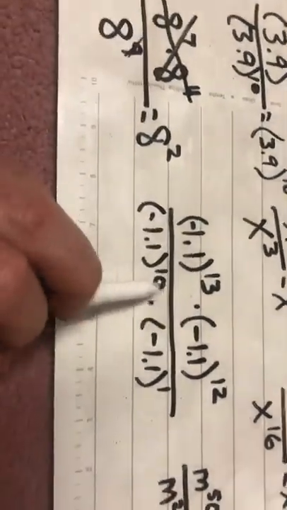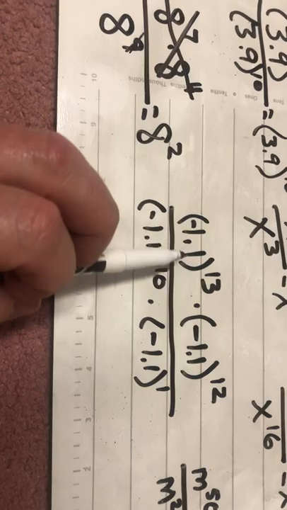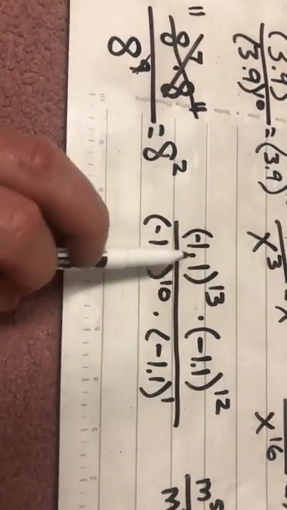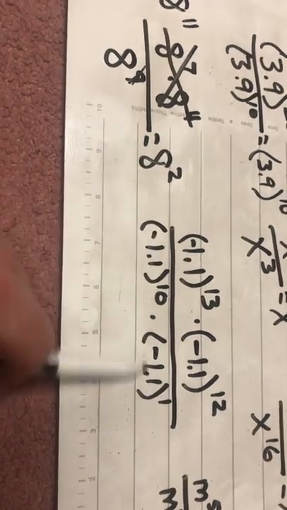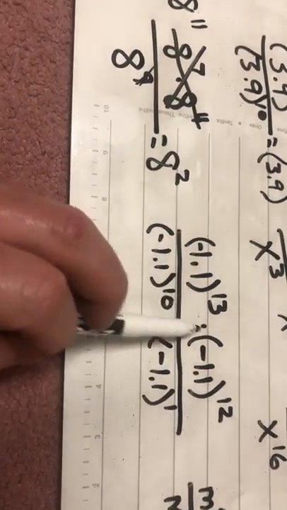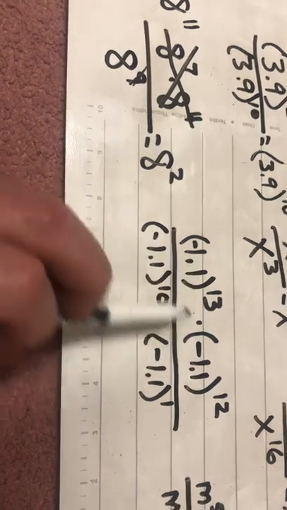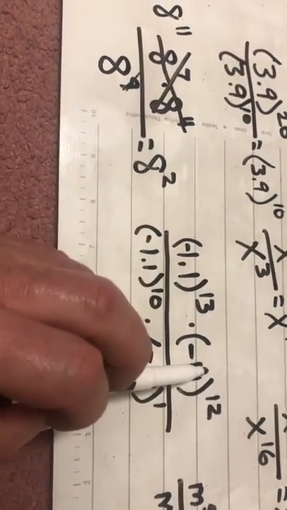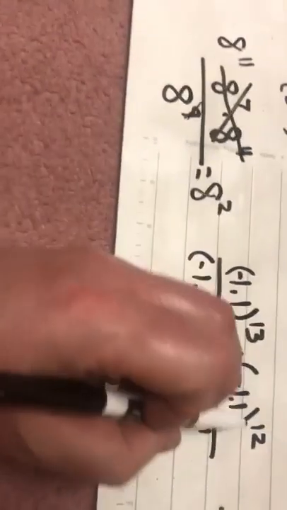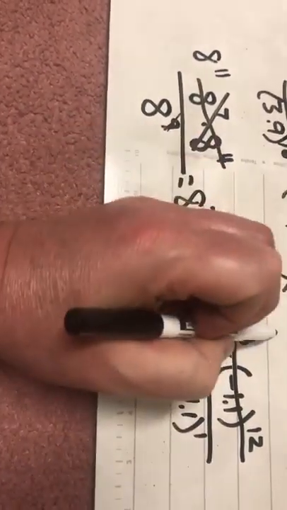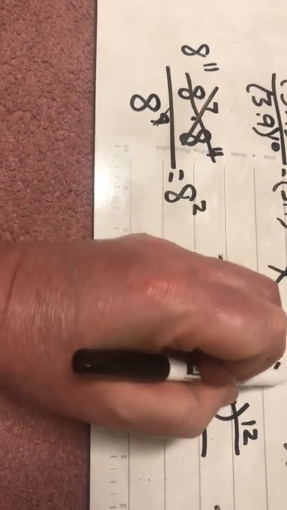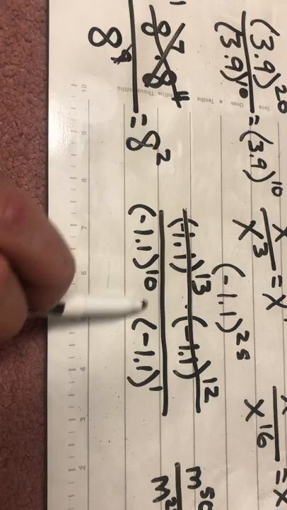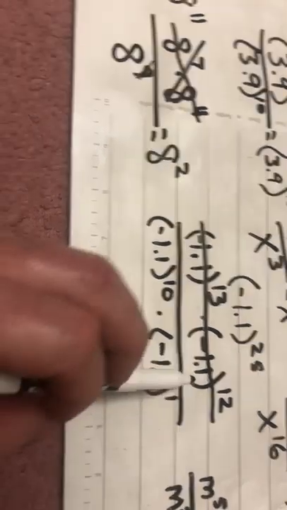That's what's expected. All right, so here is negative 1.1 in parentheses all the way around. Here, negative 1.1, same there, same there, same there. Multiplication for both the numerator and the denominator. So up here, it's going to be 13 plus 12. That's 25. So negative 1.1 to the power of 25. Down here, it's going to be 10 plus 1, so that's 11.